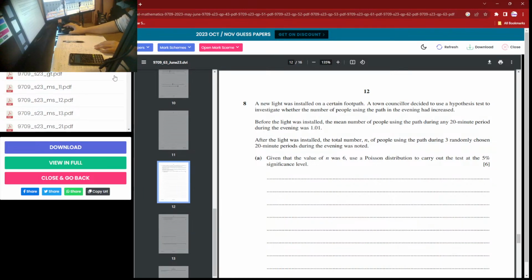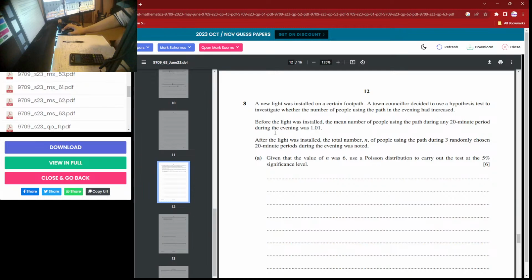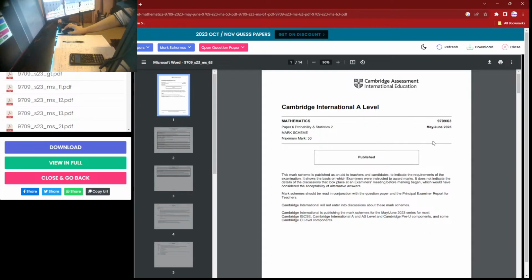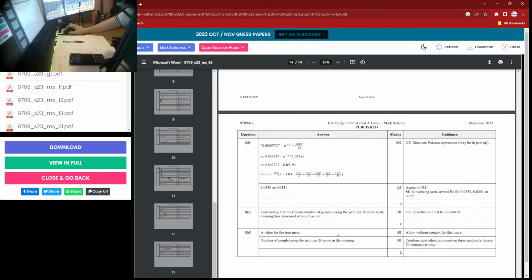Okay, let's mark. The mark scheme says a value for the true mean. True mean, alright, a number of people using the path per 20 minutes in the evening.